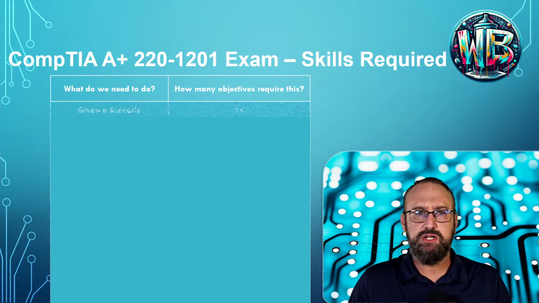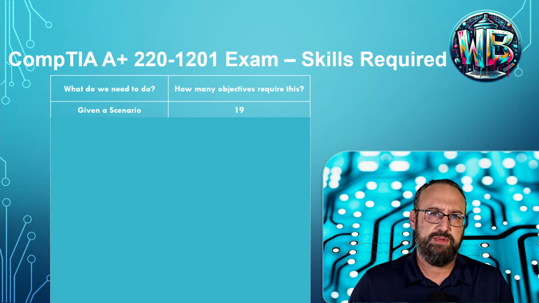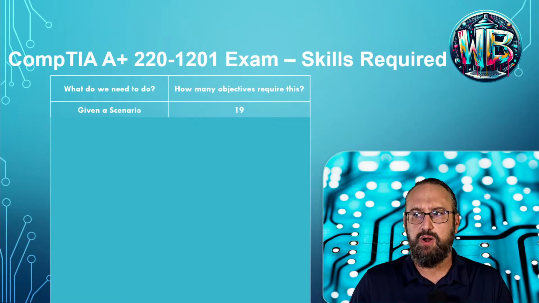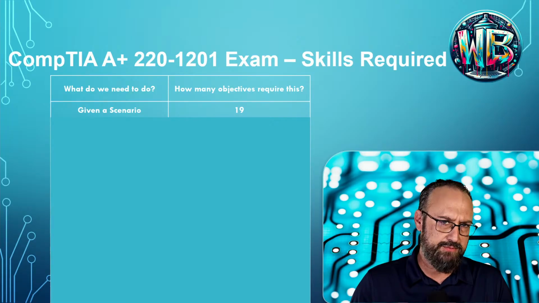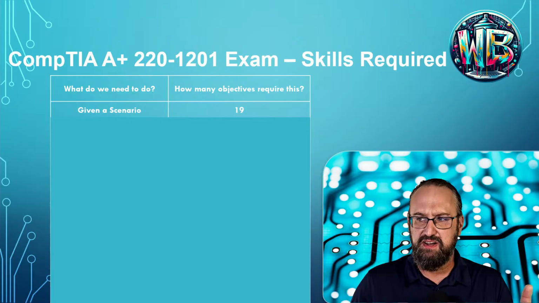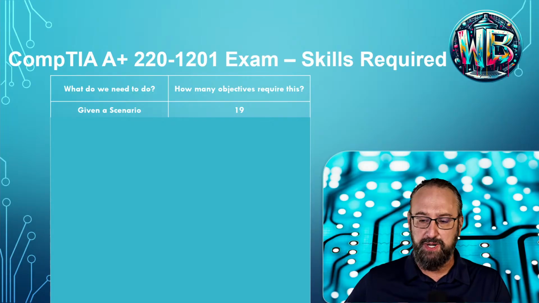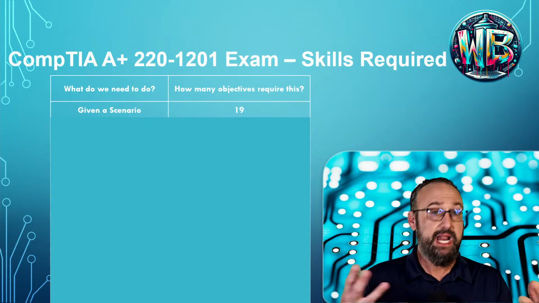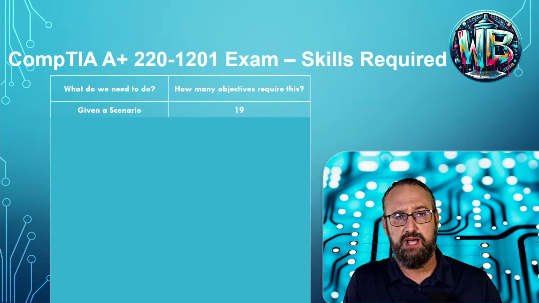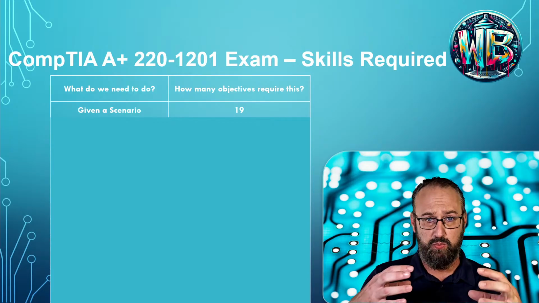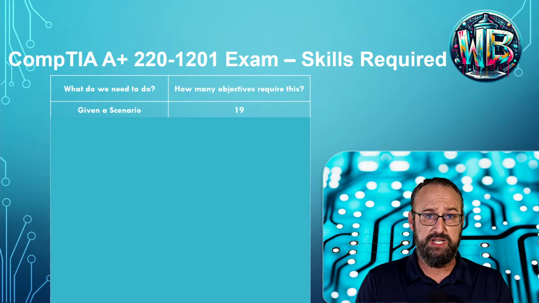So with that, let's talk about the very first thing that I want you to be aware of. Out of all of the objectives under each domain, 19 of them start with given a scenario. The reason I want you to be aware of this is that I know it might sound obvious, not talking down to anybody when I say this, but we are now talking about a scenario-based question.